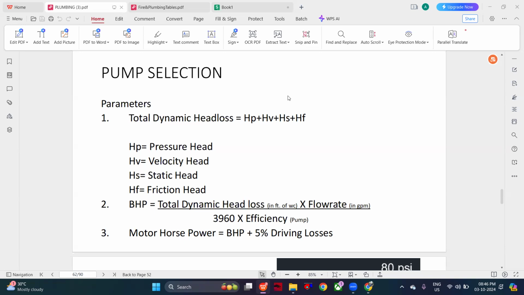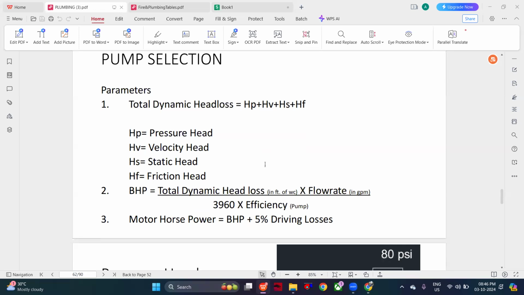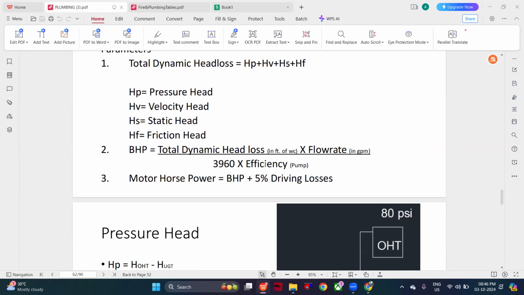Now we have to find out the parameters. This is the equation. Wherever you go, you have to follow this equation. The same equation we did in firefighting to find out the HP of my pump. BHP is brake horsepower or motor horsepower, MHP, or the metric horsepower, whatever.